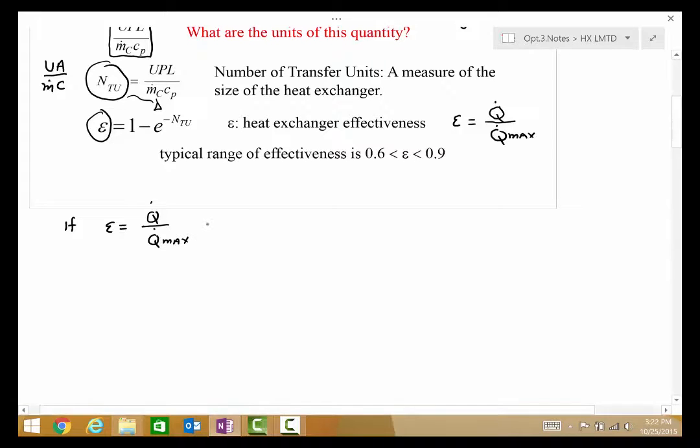For a problem of this type, the maximum heat transfer rate is what would occur with the mass flow rate of the cold fluid times its heat capacity times the temperature difference between the maximum temperature this fluid can reach, Tsat, minus what it came in at, Tc in. That defines the maximum possible temperature the cold fluid would reach and the maximum heat transfer rate that could occur.